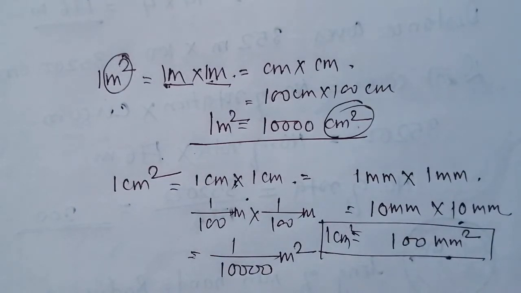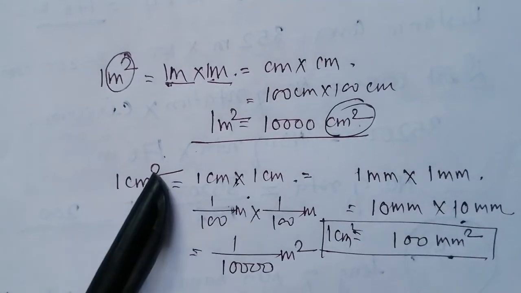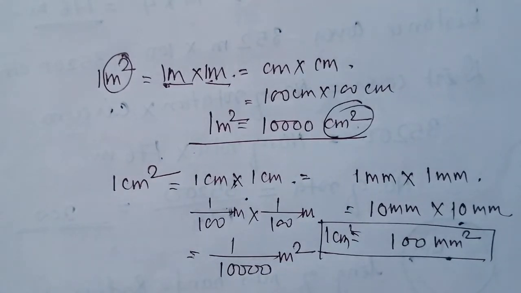Understood? This is the conversion of units in square. So wherever you are converting the units for areas, you have to convert that unit as a square first. Clear everyone? Now we will start with question number 3.